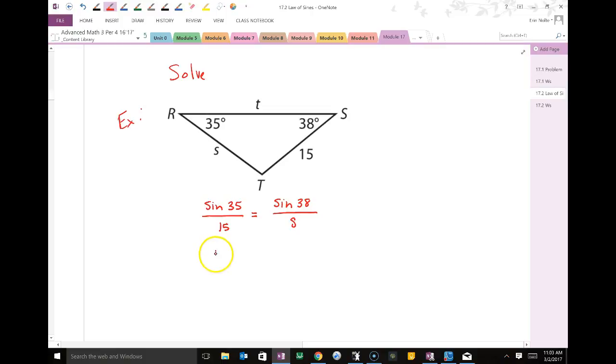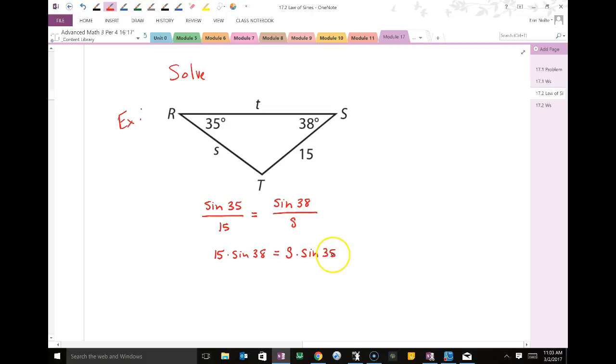We're going to have 15 times the sine of 38. And what's that going to be equal to? Before we put it into the calculator, what's the other cross multiplication? S times the sine of 35.